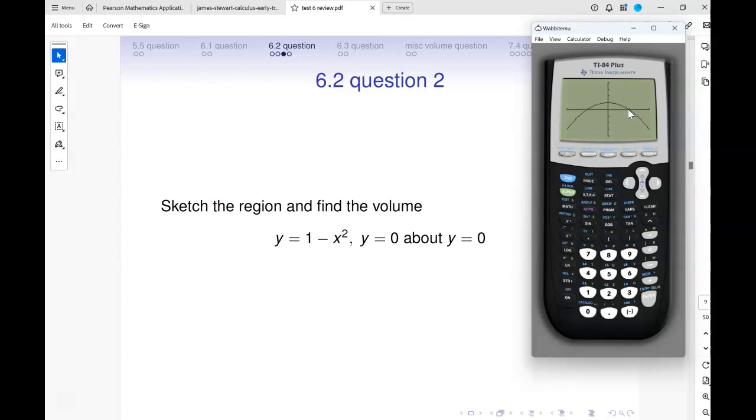So you're integrating with respect to x if you're rotating about a horizontal for disc and washer, right? If you are rotating about a vertical, so your circles are this way, you're integrating with respect to y if you're rotating about a vertical for disc and washer.